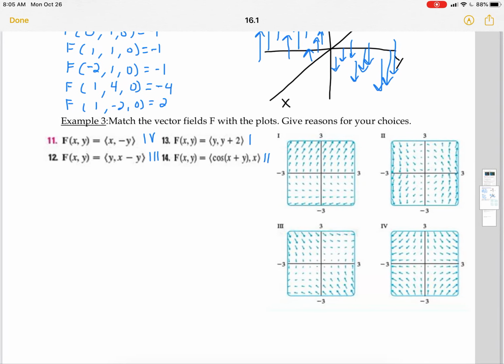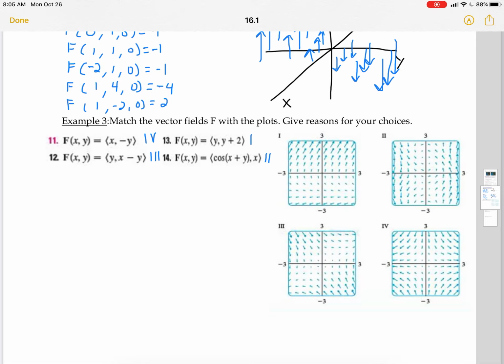13, the function y plus 2 corresponds to our vector field 1. Again, just like 12, all vectors in quadrants 1 and 2 have positive x components, while all vectors in quadrants 3 and 4 have negative x components, and vectors along the line y equals -2 are horizontal, and the vectors are independent of x.